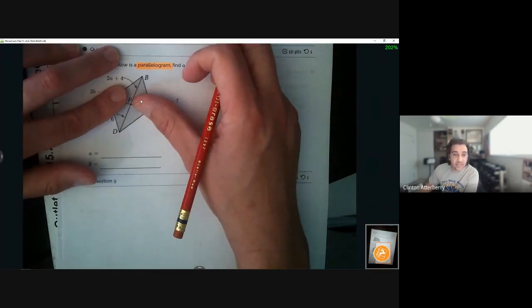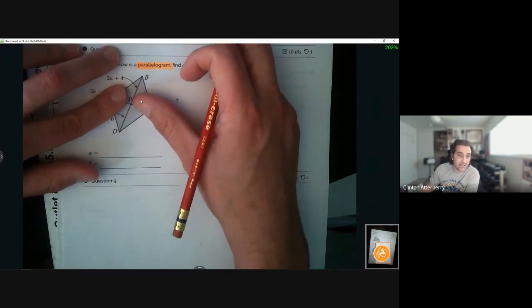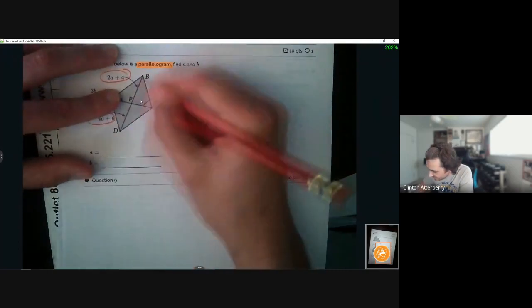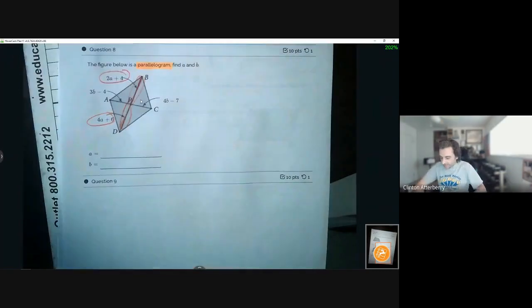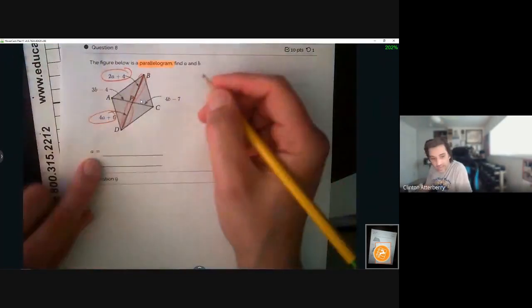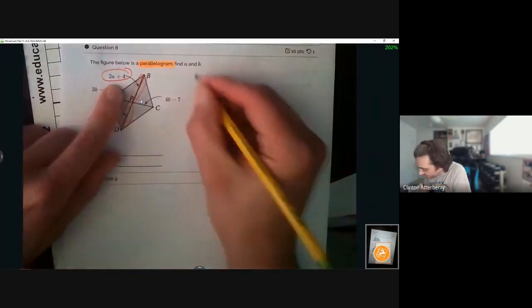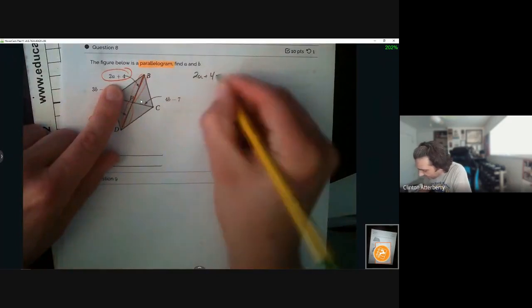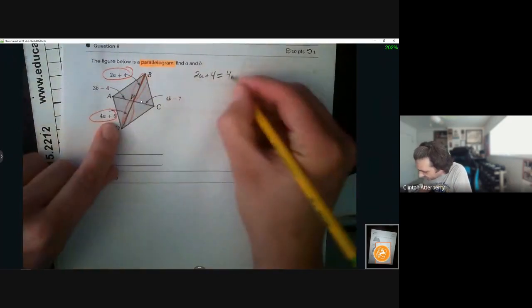Say you had a string that's 10 feet long and you cut it in half. Each piece would be 5 feet and 5 feet. So this piece and this piece are the same exact length. To solve for letter A, I would say 2a plus 4 equals 4a plus 6.